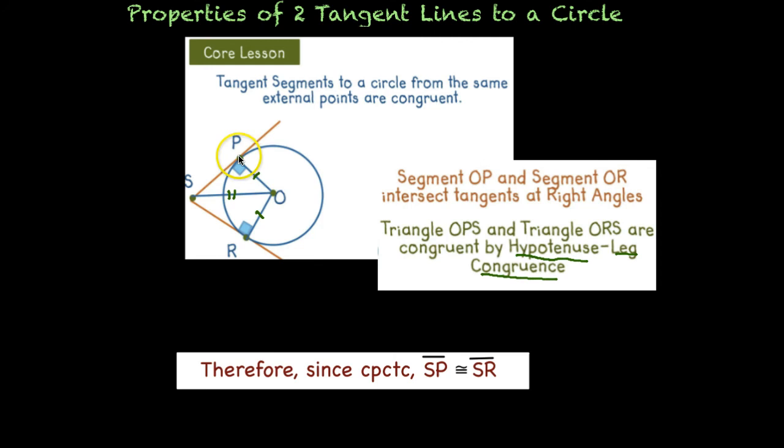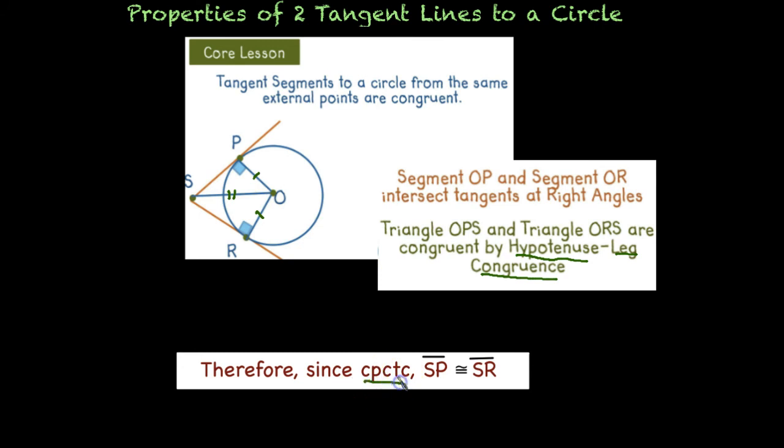We also have another leg. PO, the radius here, is congruent to RO, which is the radius here. So, by the hypotenuse leg congruence shortcut, we know that these two triangles are congruent. Well, if two triangles are congruent, then we know that corresponding parts of congruent triangles are always congruent.